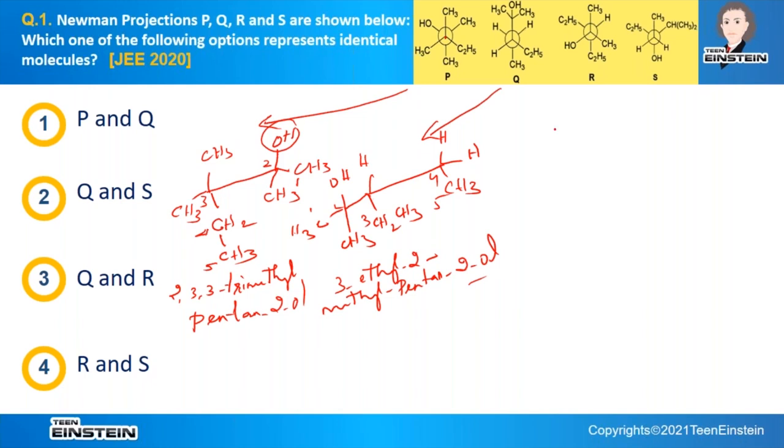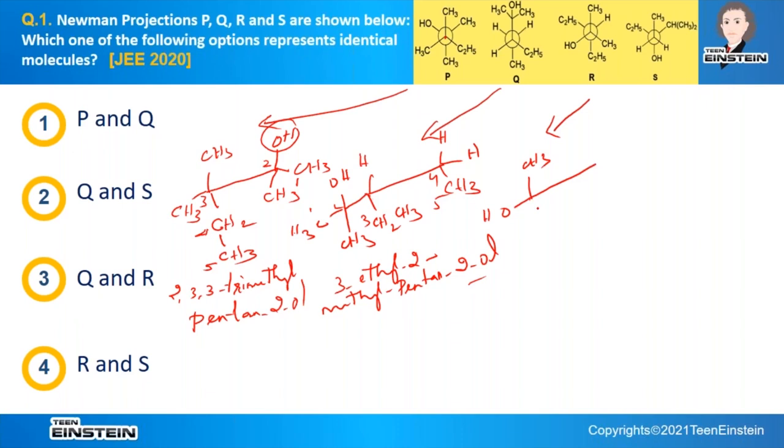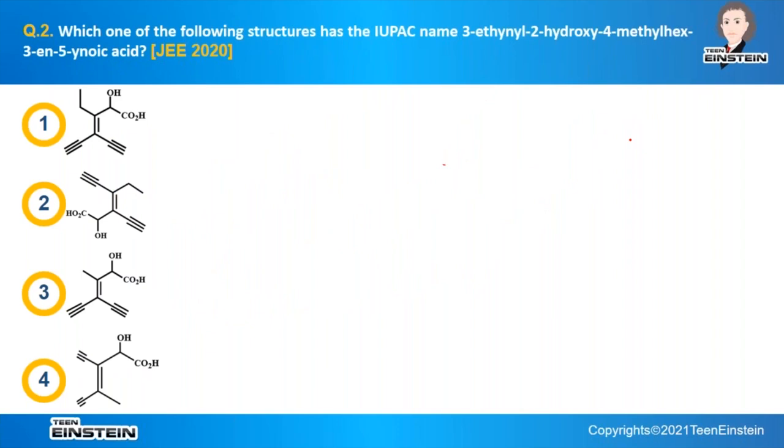Now come to the R structure. In the Sawhorse projection, the first carbon contains one methyl group, one hydroxyl group and one methyl group, and the second carbon contains two ethyl groups, CH2CH3, and one hydrogen.